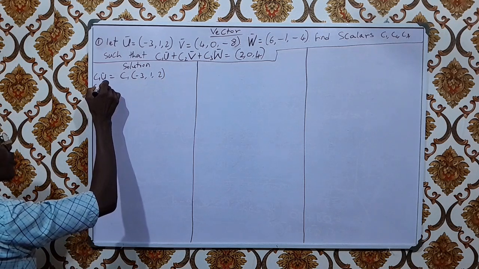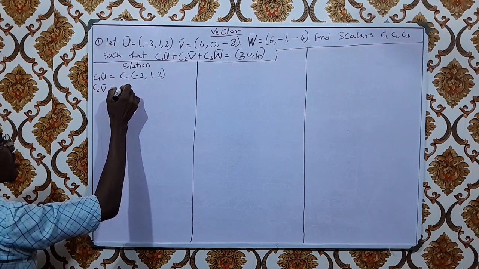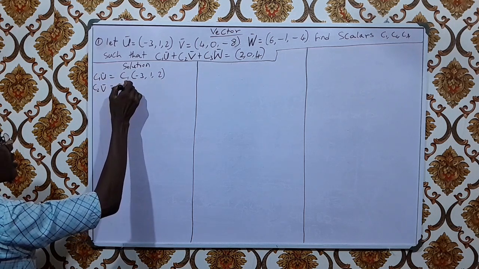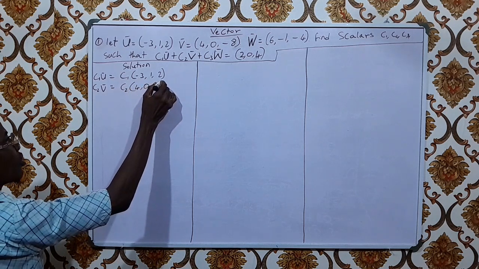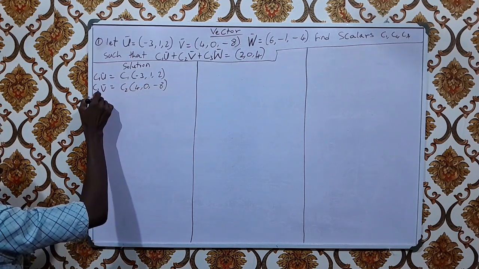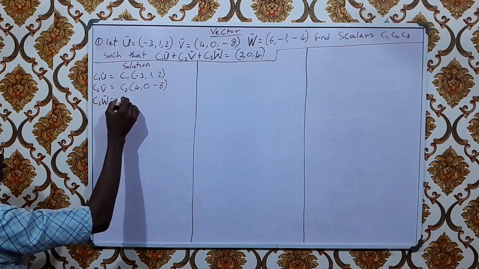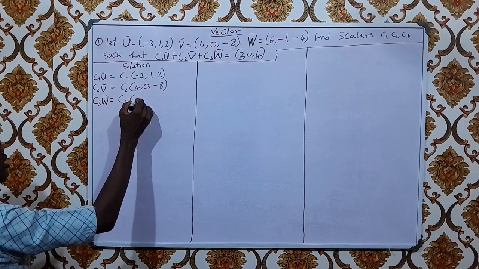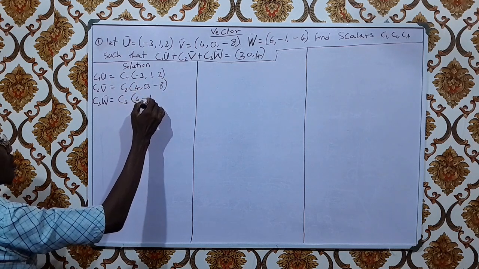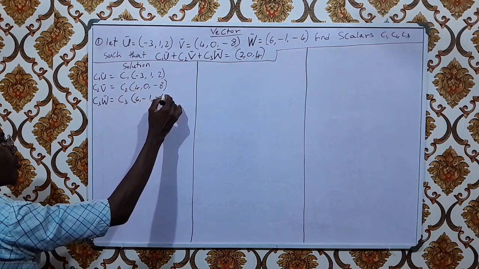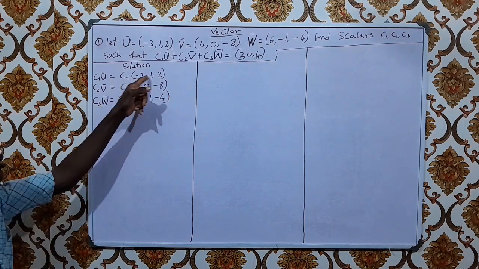And C2 v, vector v, simply means C2 (4, 0, -8). C3 w simply means C3 (6, -1, -4). So we multiply those things.